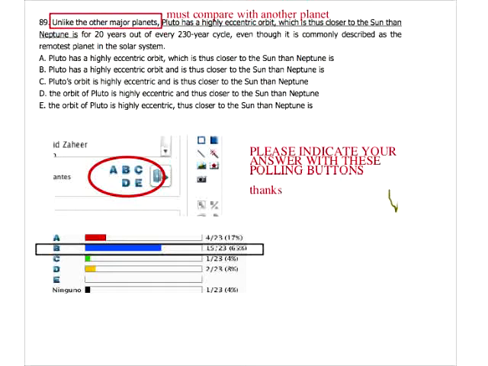But okay, so using that comparison, we can eliminate the ones that are not Pluto. Pluto's orbit is not Pluto, the orbit of Pluto is not Pluto. So these three are incorrect. These two are actually Pluto. Pluto is unlike the other major planets.